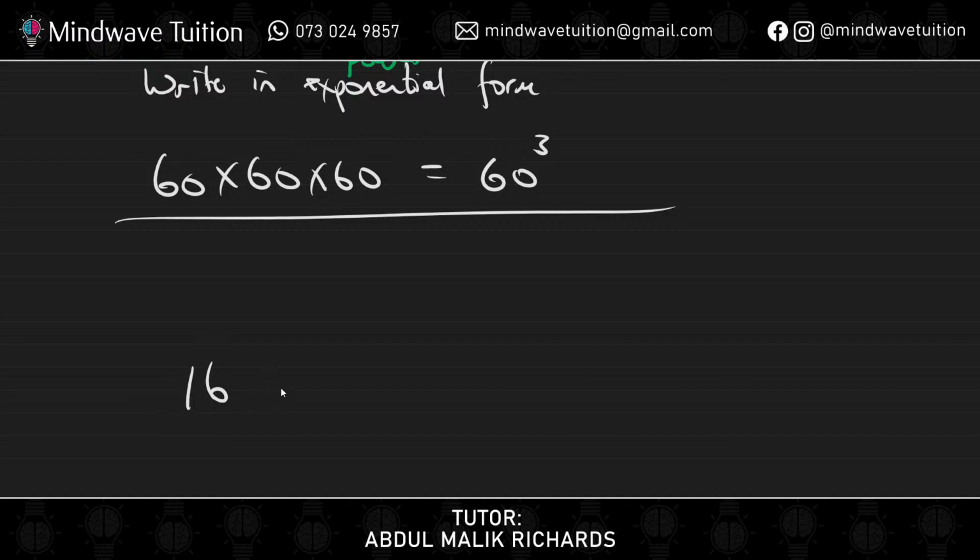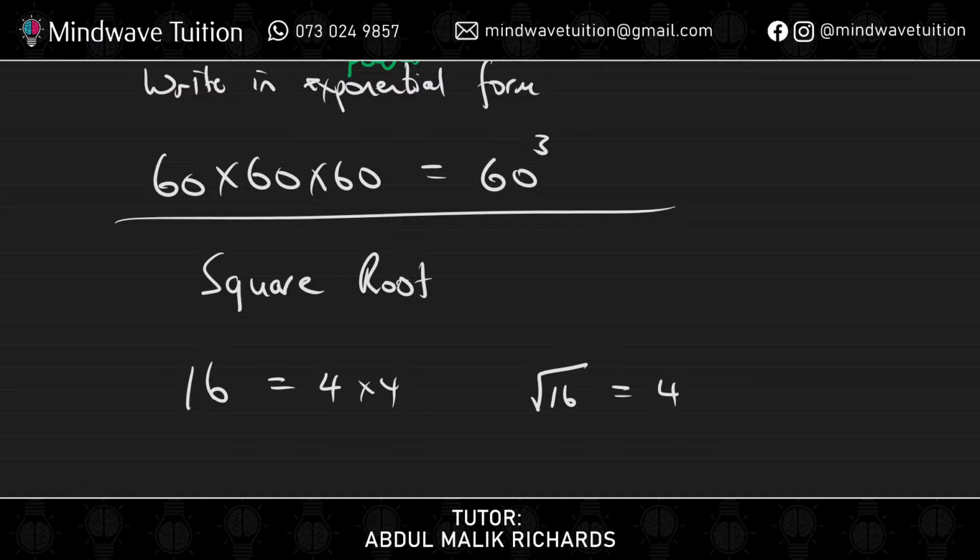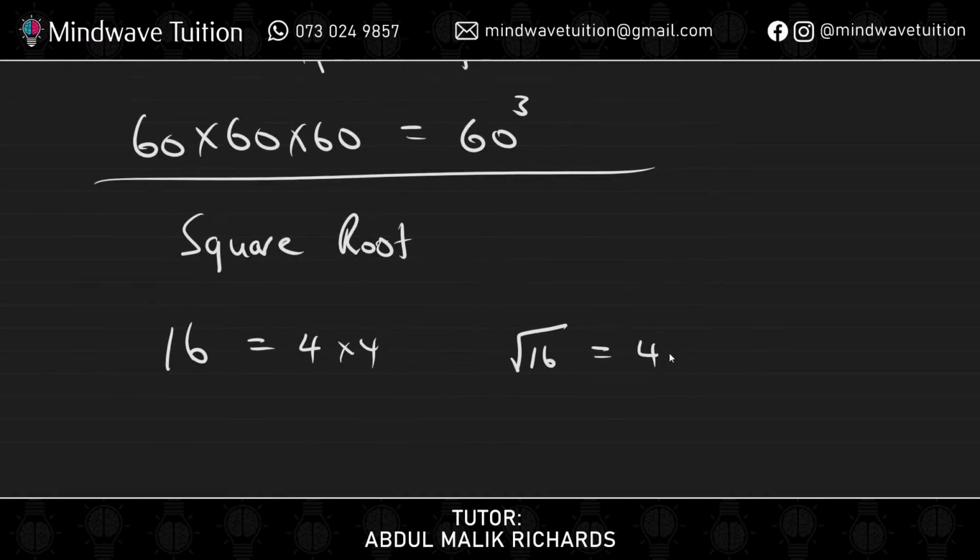So the square root is the opposite, or the inverse, of square numbers. So we know that 16 is 4 times 4. So we can then say that the square root of 16 is 4. It's the number that you need to multiply by itself to give you 16.